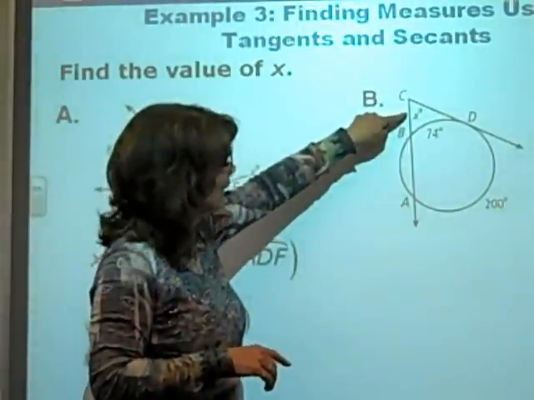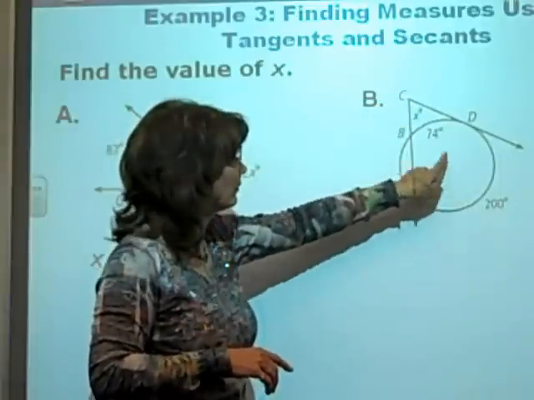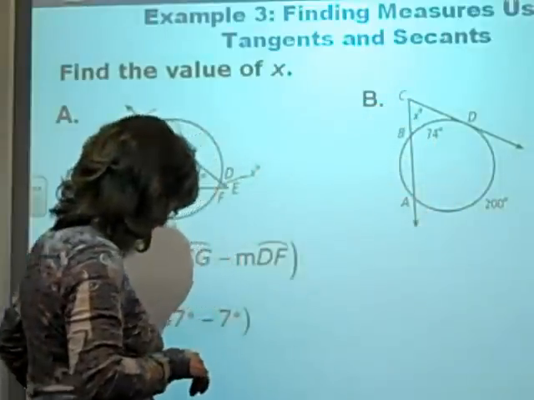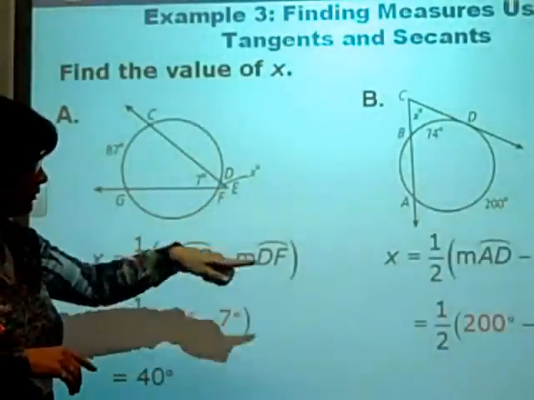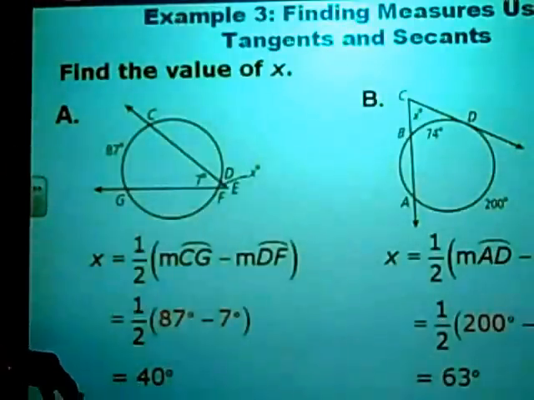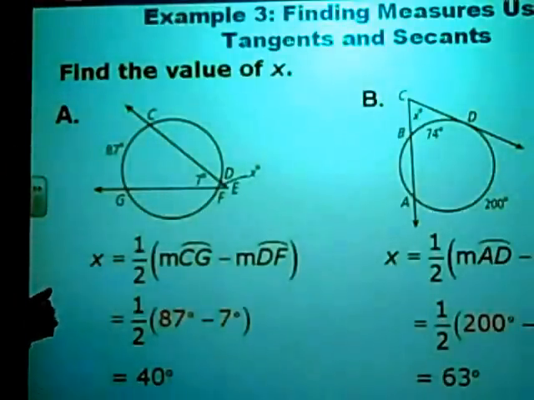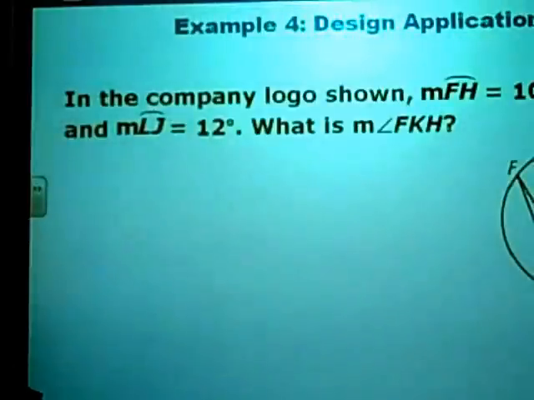My vertex is outside the circle. This is my bigger arc. This is my smaller one. So I'm going to say 200 minus 74 divided by 2 and end up with 63. So vertex outside the circle, big one minus small one, divide by 2. Vertex inside the circle, big one plus small one, divided by 2.